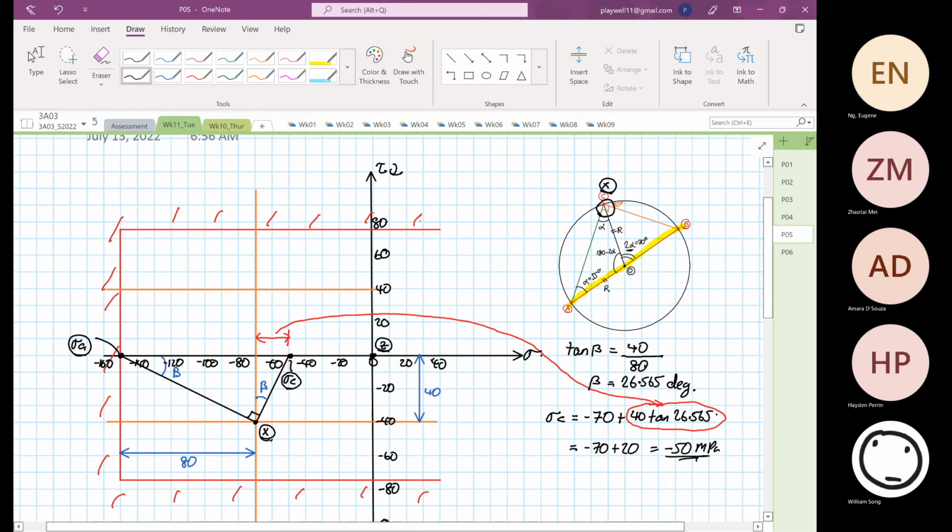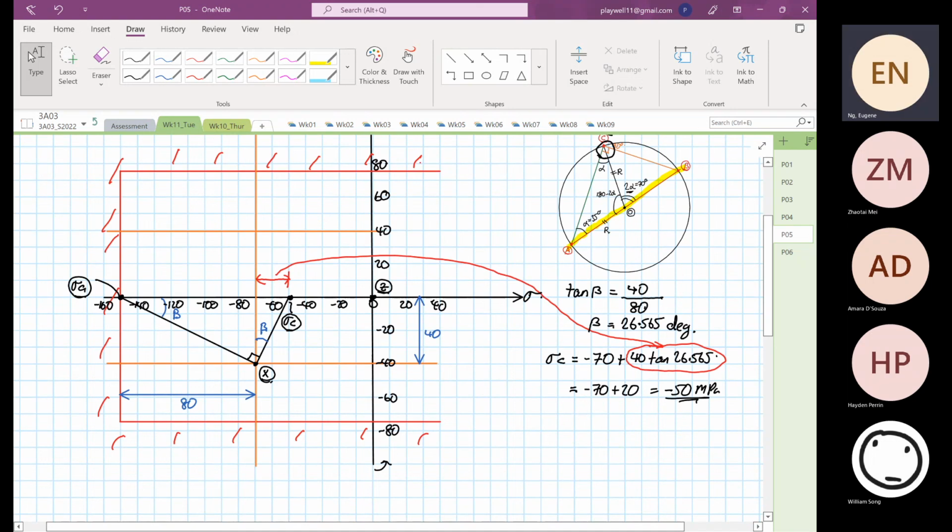From here, we can determine our stress average, which is equal to minus 50 plus minus 150, divided by 2. So this is equal to minus 100 megapascal.